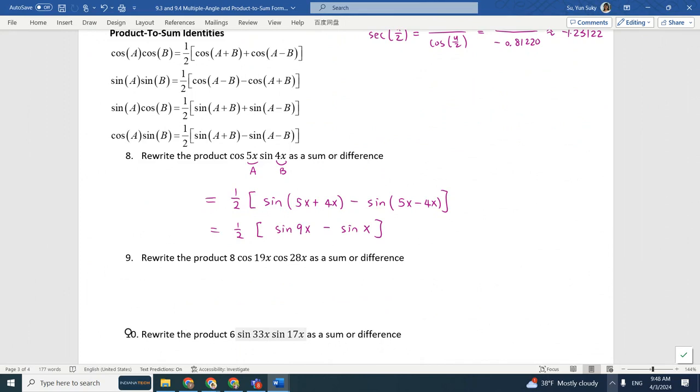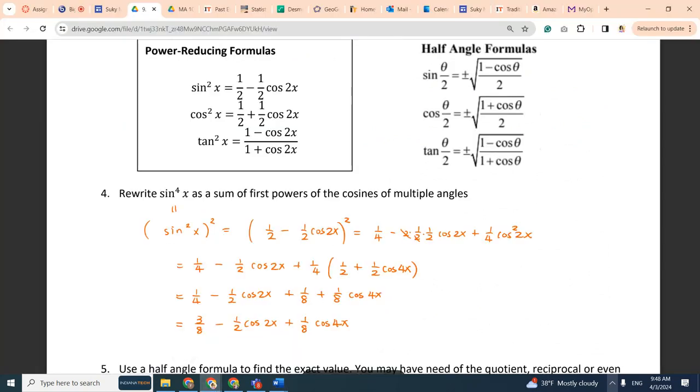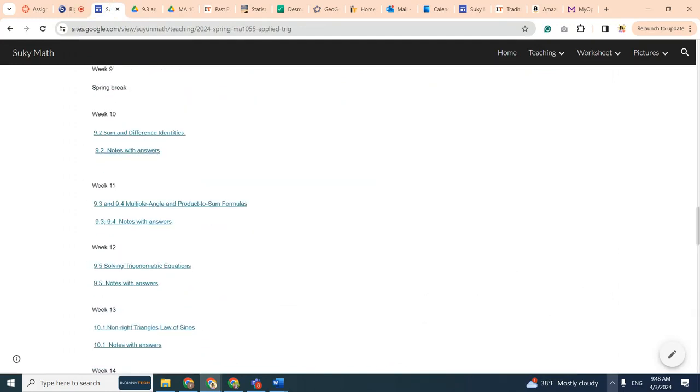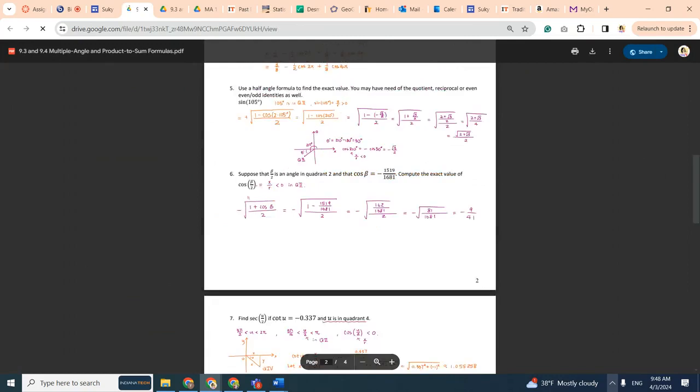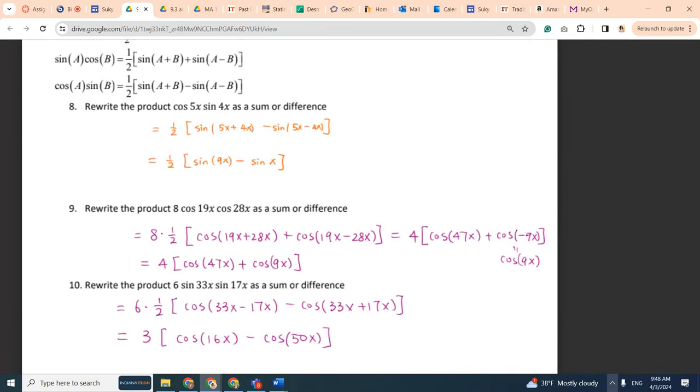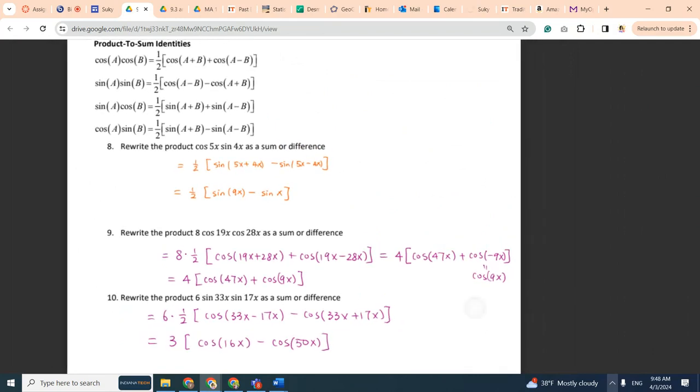All right, let's check our answers. Okay, number 9, we have cosine, cosine. So we use the first formula, and the 8 just stays here.